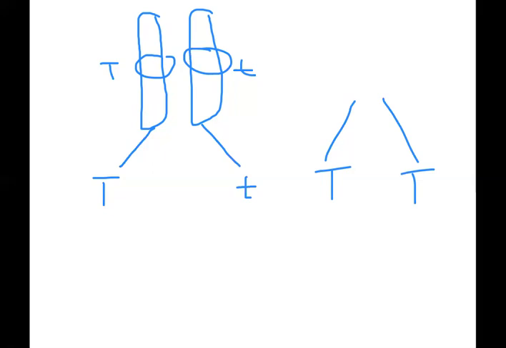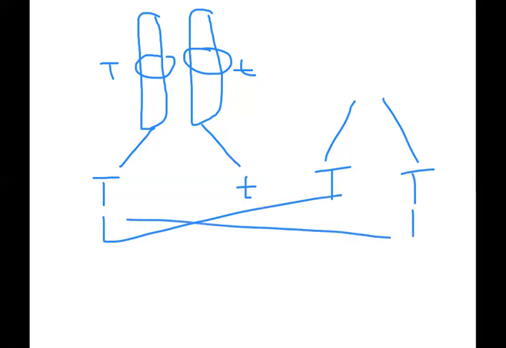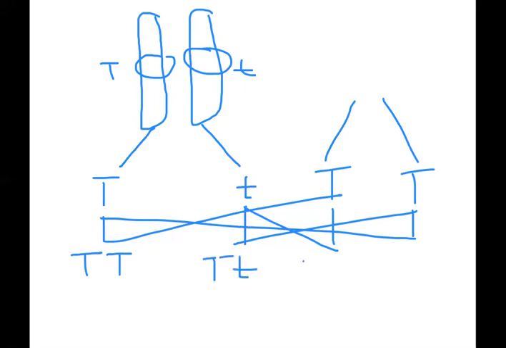So for the genotypes, now this one is capital T, capital T. This one is capital T, small t. This is capital T, capital T. So now the genotypes are in the ratio of 1:1 because there are two homozygous dominant and two heterozygous. But the phenotype of all of them is tall.